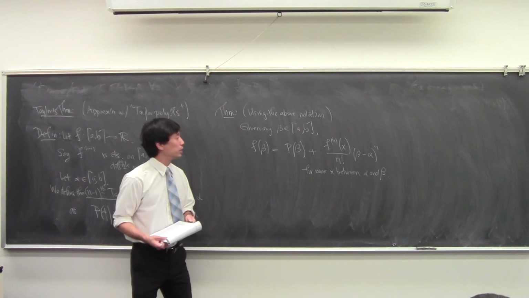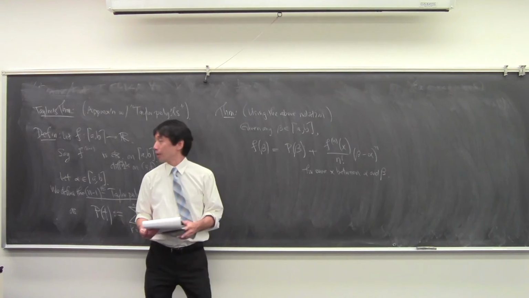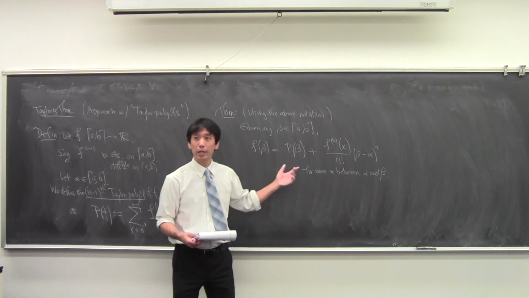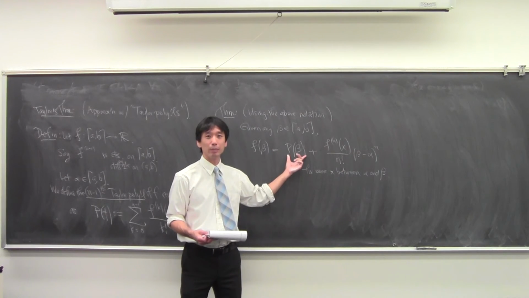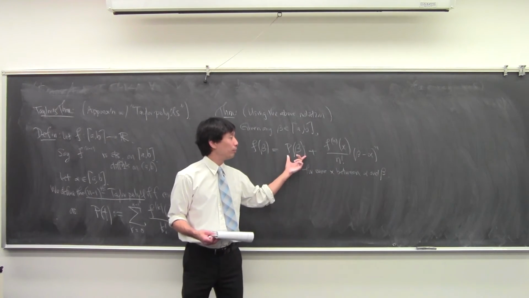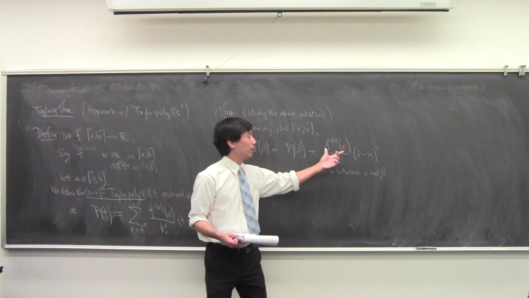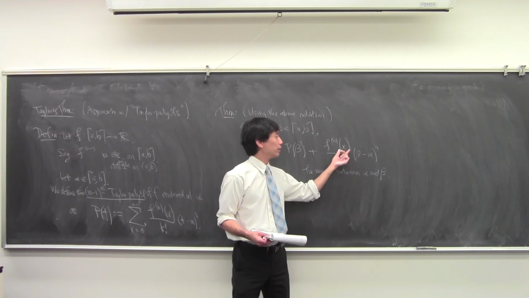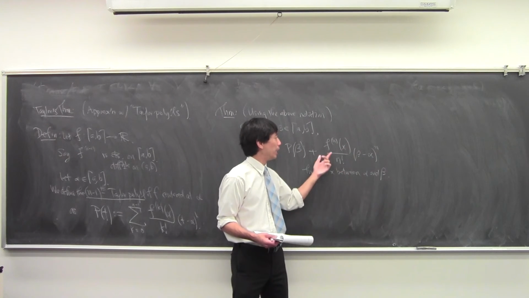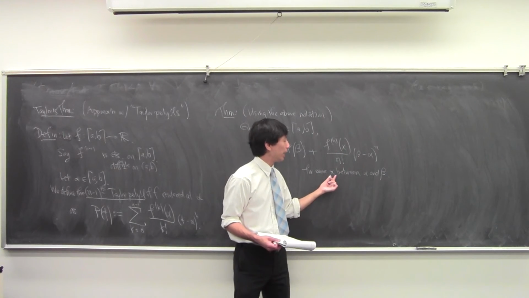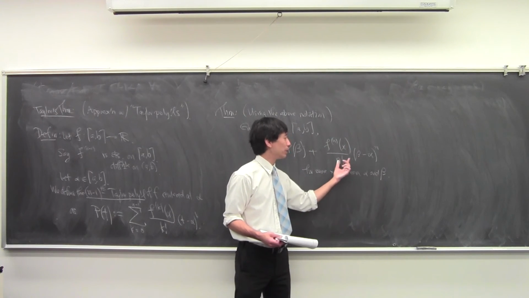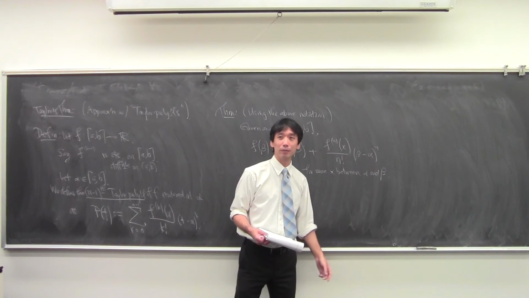Right, your function is basically the same thing as this polynomial, but there's this error. However, this error can be found as the nth derivative at some point x between alpha and beta, over n factorial times beta minus alpha to the n.